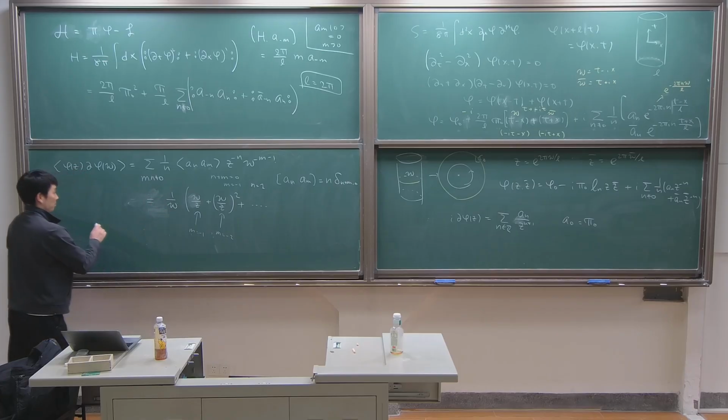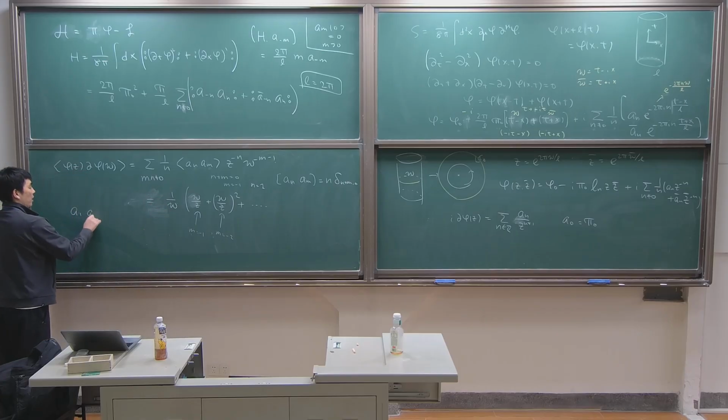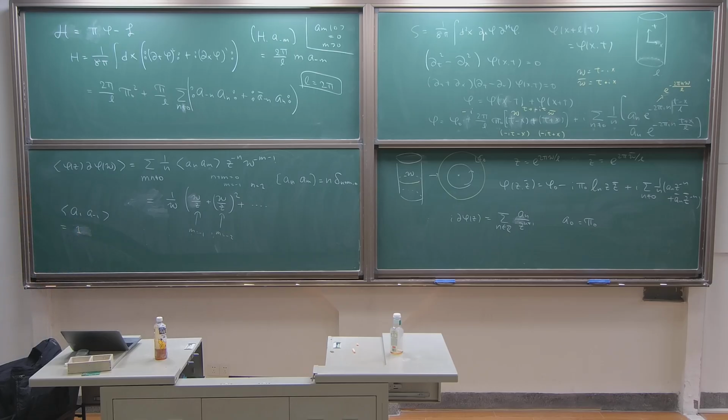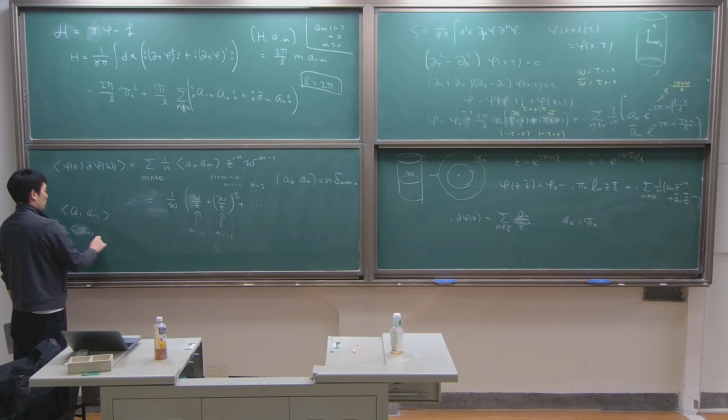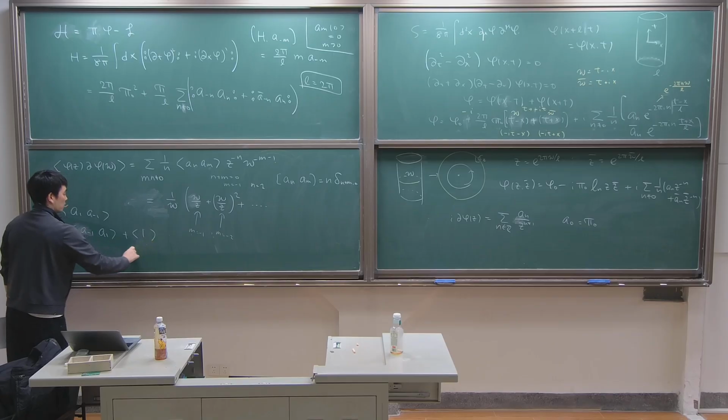And then a_1 a_{-1}, how to say, if you use this one, you get 1. Because here it's just a_{-1} a_1 plus the bracket. So this is just 1.